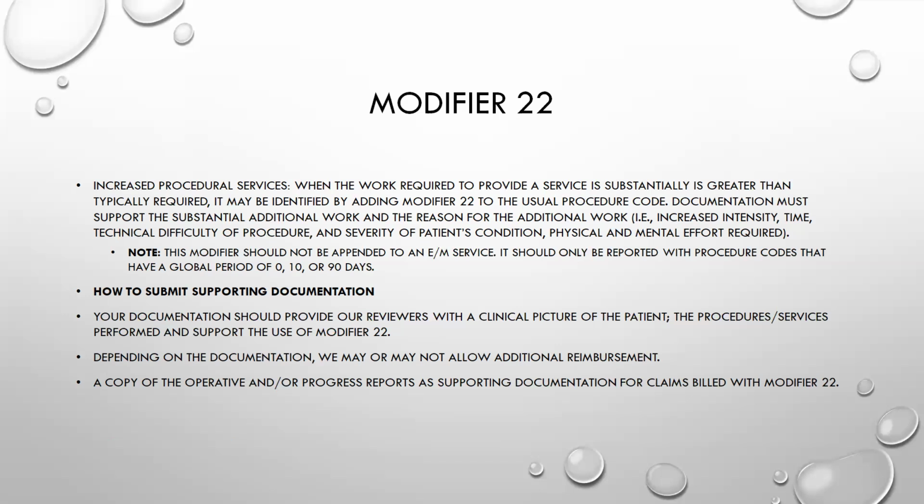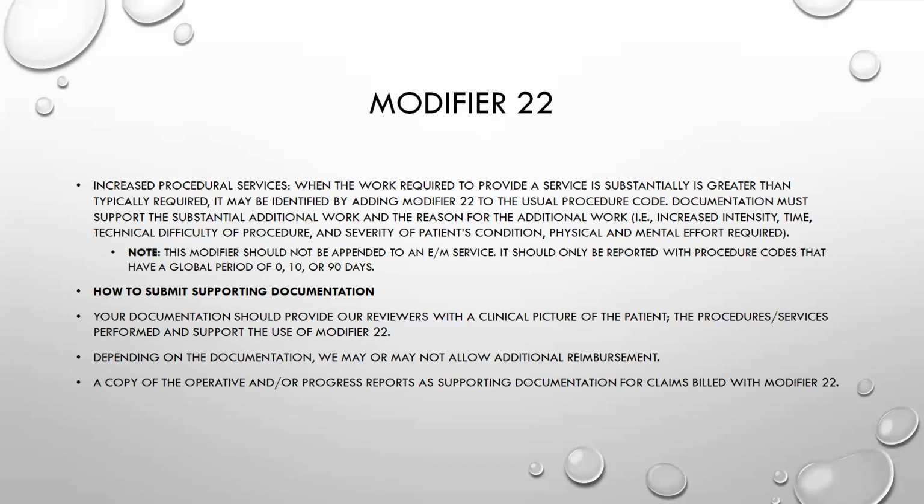But remember, it's not just about what they did. They also need to give you how much extra time this took, because there are standards for procedures. So say, for instance, on average a provider takes 15-25 minutes to do a standard left heart cath, which is the most common billed cath out there.